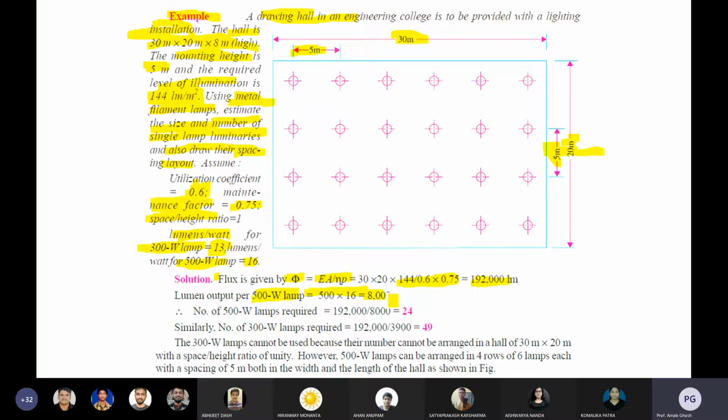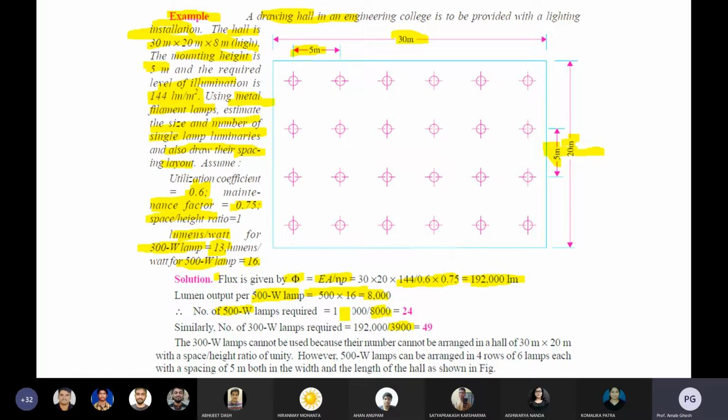So the number of 500 watt lamps required, you divide the total lumens by the lumens per lamp. For 16 into 500 or 13 into 300, if you multiply them, in one case it is 3,900 and in the other it is 8,000.